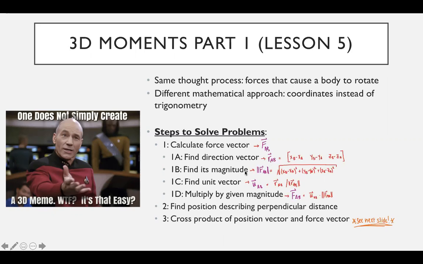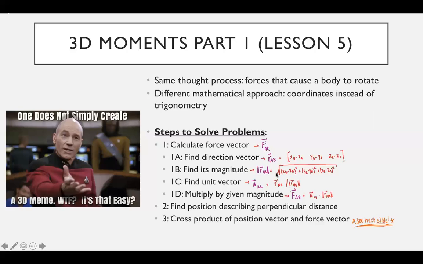But again, we need to find the unit vector because if you multiply the magnitude of the force by just the direction vector, you're going to end up scaling the magnitude of the force, which you don't want to do because then it's not an accurate representation of how much it's twisting or spinning. So the second step would be to find the magnitude of the direction vector so that we know what to divide it by and get a vector with a magnitude of 1.